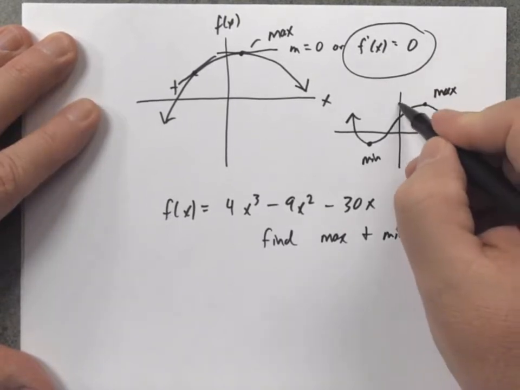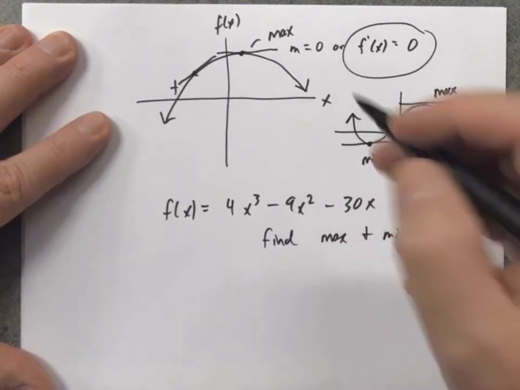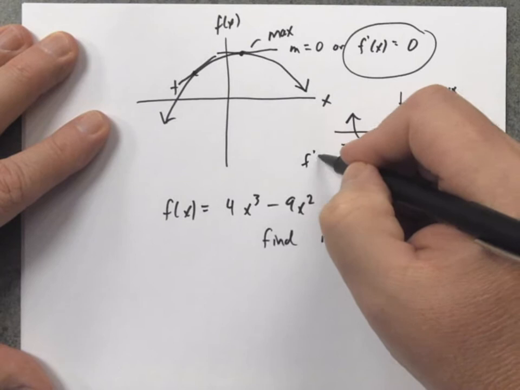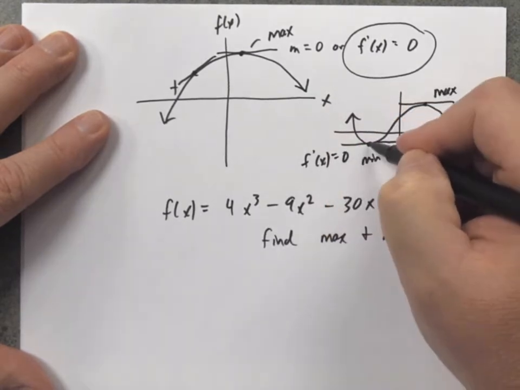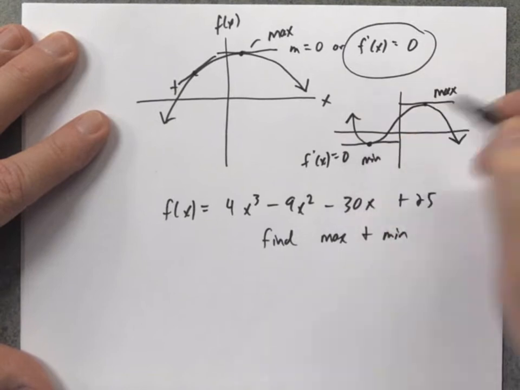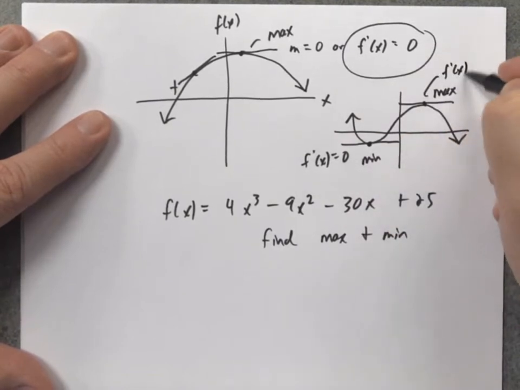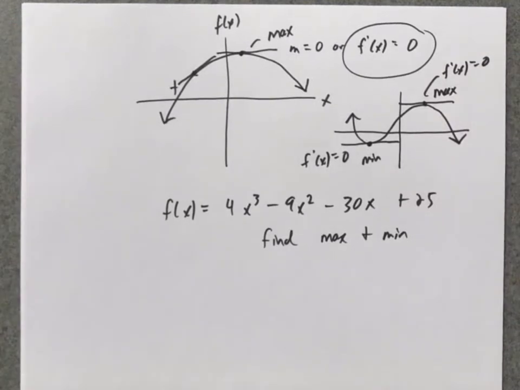But you know what happens at both of these? If we look at the first derivative at these points, if I look right here, the first derivative is 0, which means the slope is 0. If I look up here, at that point, the first derivative is 0.